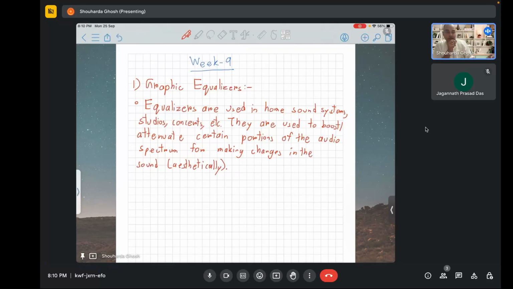These three terms are frequently used in music systems. Depending on one's liking, somebody may make the treble high. The treble means the higher frequencies, so that makes the sharper high pitched tones clearer. Some may want the bass to be higher, which is the low frequencies. Some may want the mid frequencies higher. So that's what you do, either boost some of them or attenuate the others.